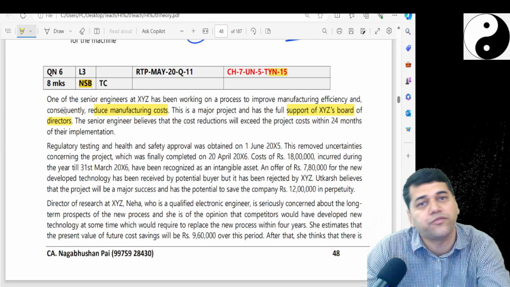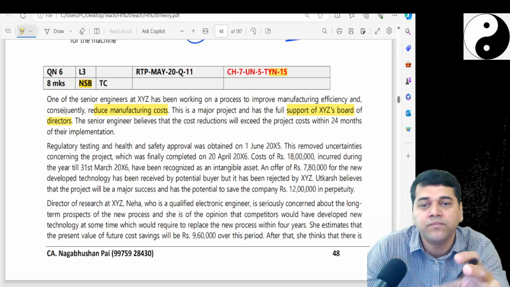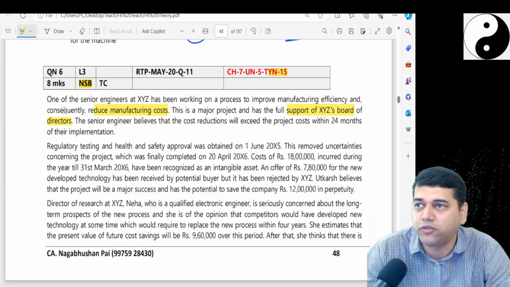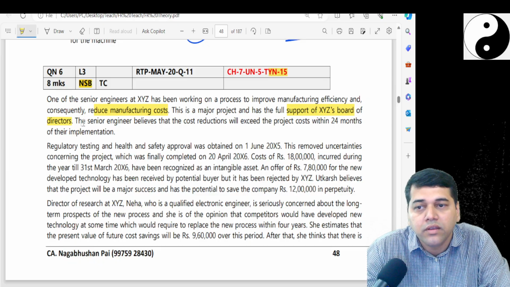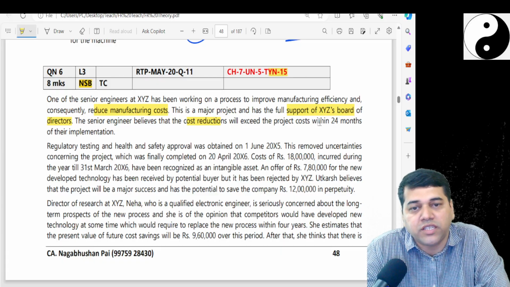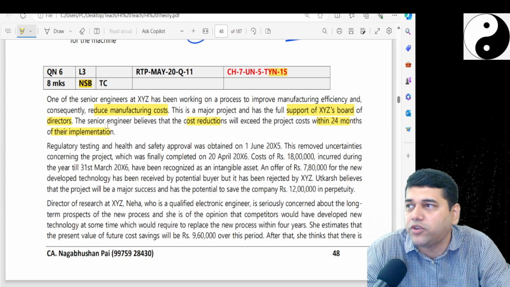Online students, if you have done that, I will place the Ind AS 38 before this, so that you can get the application of this. Anyhow, I'll explain that Ind AS 38 thing. The senior engineer believes that the cost reduction will exceed the project cost within 24 months of its implementation. That means you are going to get a break even.